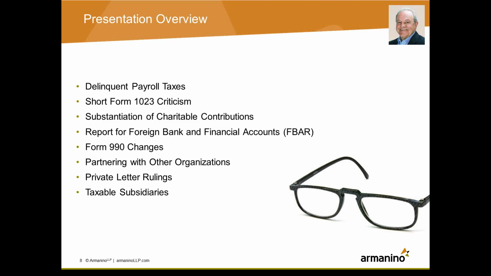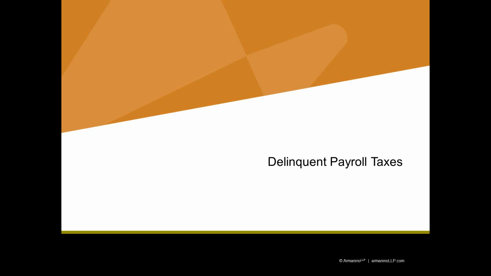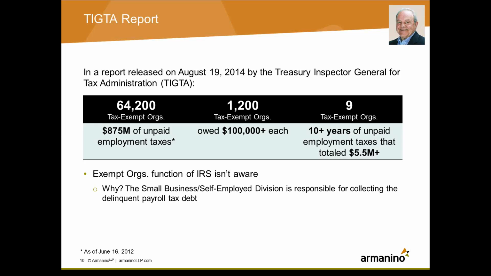Now that that's off my chest, I'd like to talk about a report that was issued recently by the U.S. Department of Treasury regarding delinquent payroll taxes, and it starts on slide 10 of the presentation. This report came out last August 2014, U.S. Treasury Inspector General, and it indicates the compliance or lack thereof with respect to tax-exempt organizations and collection and payment of employment taxes.